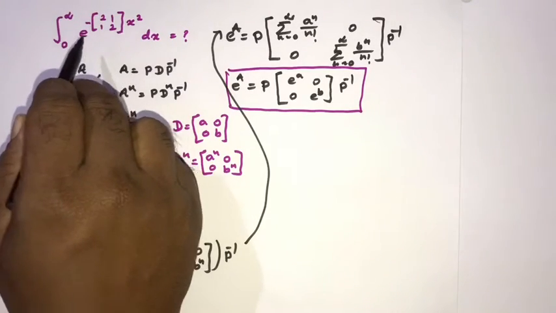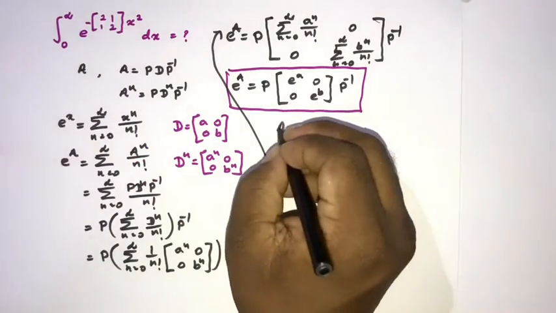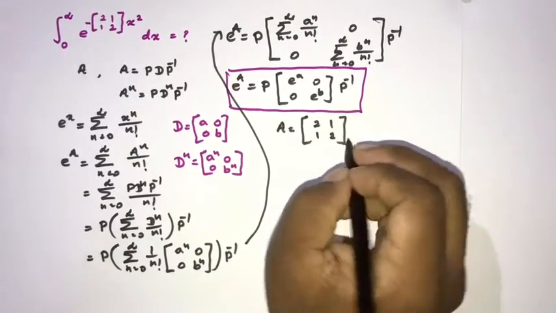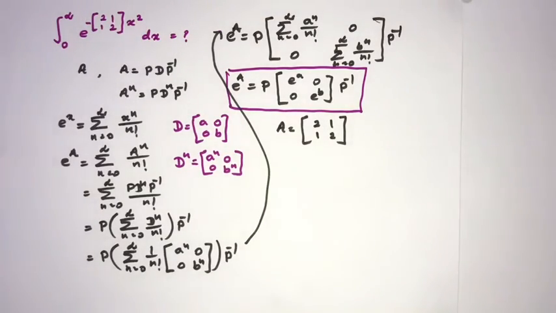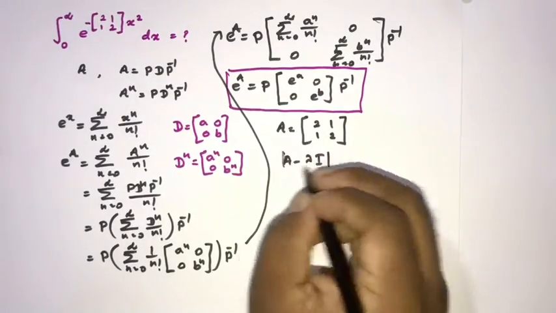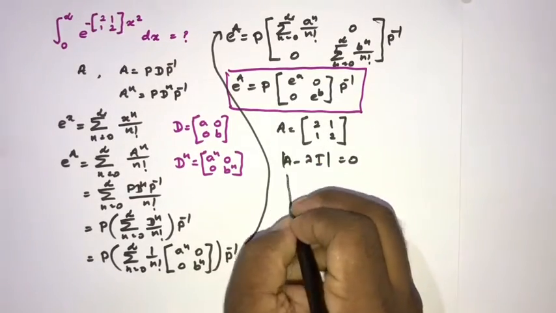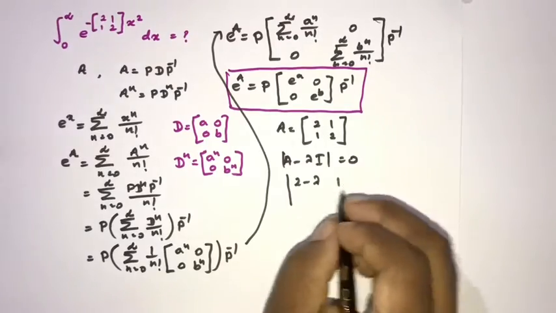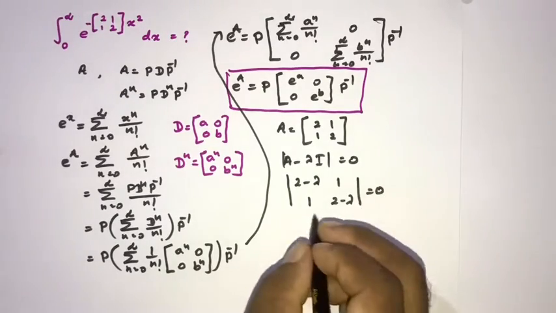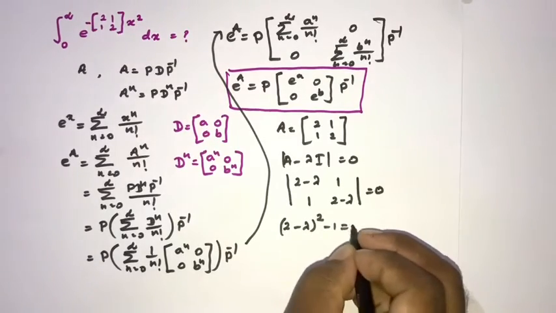Now we have e to the power of this 2 by 2 matrix. So now A is equal to [2 1; 1 2], and we are going to find the eigenvalues. We know the determinant of A minus lambda I is equal to 0, so we have [2 minus lambda, 1; 1, 2 minus lambda] equal to 0. If we simplify, we have (2 minus lambda) squared minus 1 is equal to 0.